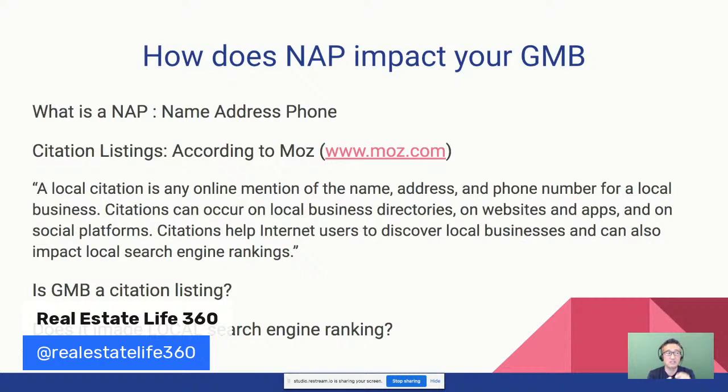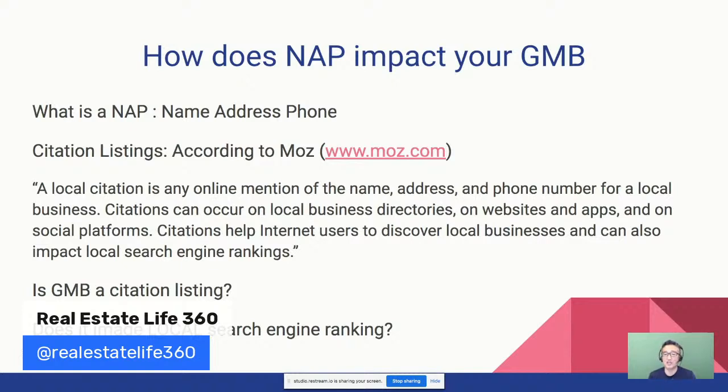Citations can occur on local business directories like, for example, Yelp and Alignable, on websites and apps, and on social platforms. Citations help internet users discover local businesses and can also impact local SEO, search engine optimization or ranking.